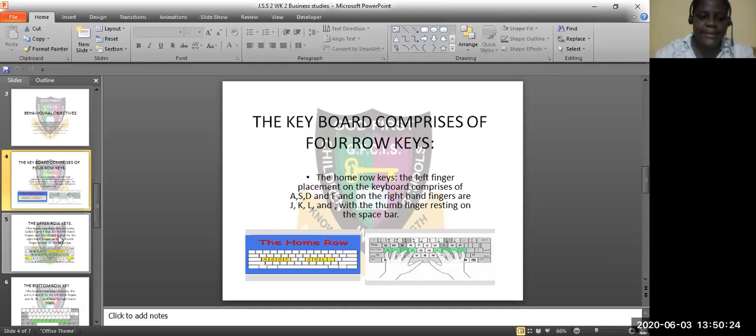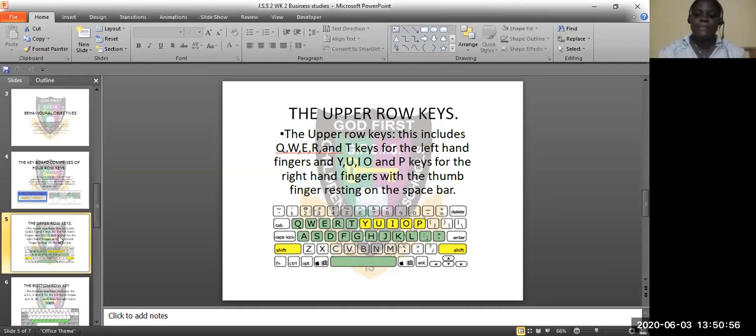You have 2 hands, and on each hand we have 5 fingers, so that makes it 10 fingers. Placing the 10 fingers on home row keys, you place the left fingers on A, S, D, and F. You allow your thumb to rest on the space bar, and on the right hand, you place it on J, K, L, and semicolon, and you allow the thumb to rest on your space bar.